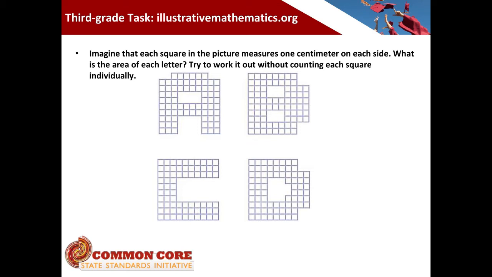You could also not even worry about the answer per se, but focus on strategy, or focus on both at once. I would probably lean toward focusing on both at once. And so this becomes a task that can be very rich if we think about those standards for mathematical practice and having students critique each other's reasoning.